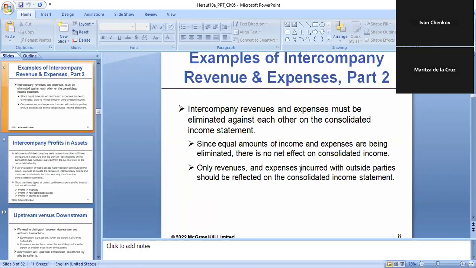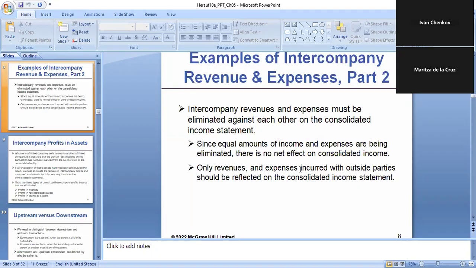Intercompany revenue and expenses must be eliminated against each other in the consolidated income statement. Since equal amounts of income and expenses are being eliminated, there is no net effect on the consolidated income. So on one side, we're going to eliminate the revenue, and on the other side, we're going to eliminate the expenses.